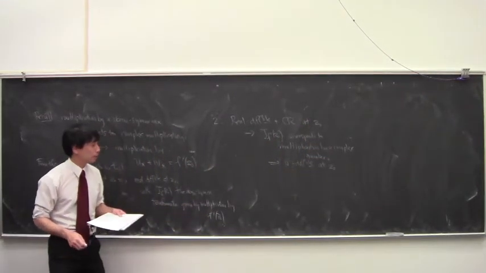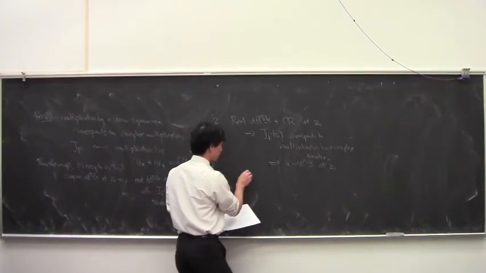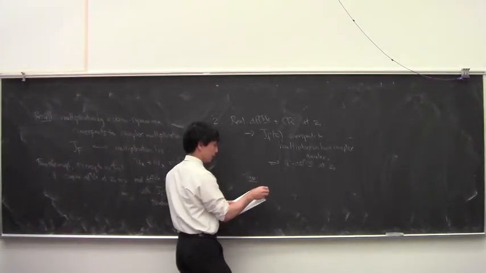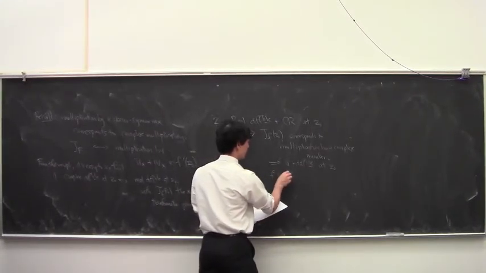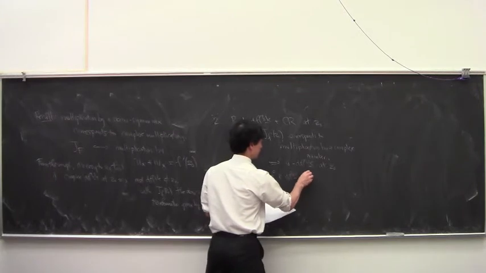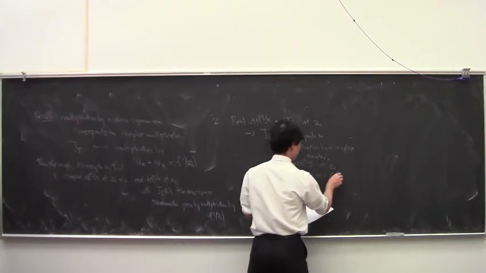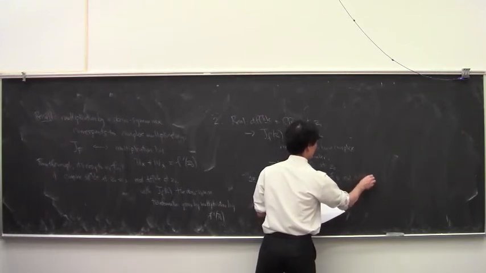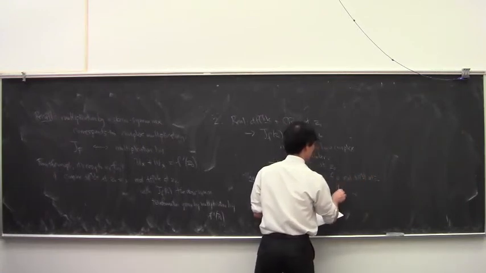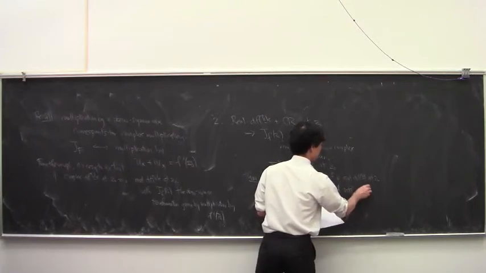Okay, and so I'm sort of sketching out for you the book's result that f is complex differentiable at z naught if and only if f is real differentiable at z naught and satisfies the Cauchy-Riemann equations.